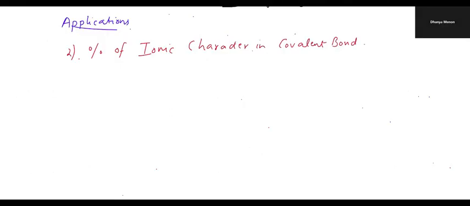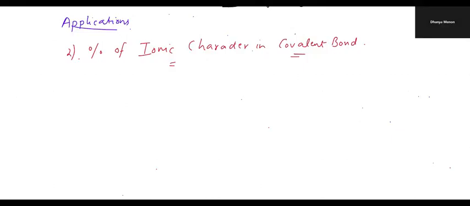The second application, students, is to find the percentage of ionic character in a covalent bond. Even if it's a covalent bond, there will be some percentage of ionic character. It's not 100% covalent; a very little percentage of ionic character will be there.